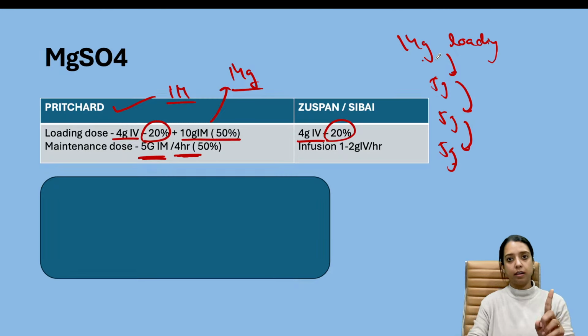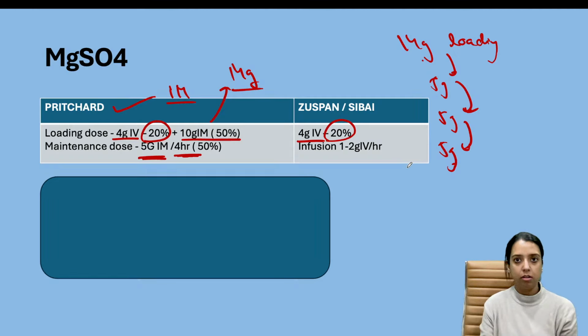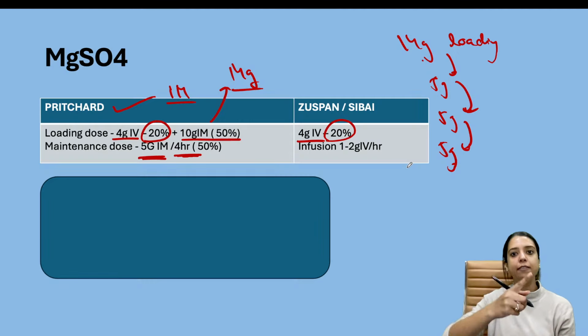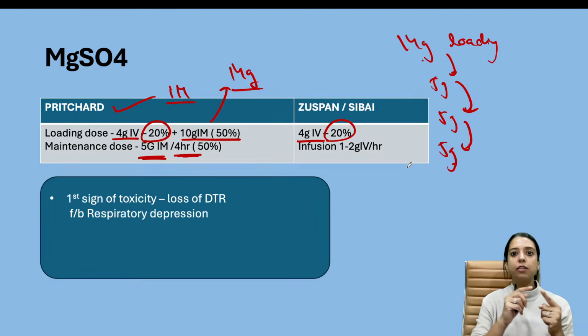Maxilf is a toxic drug. So when I come every 4 hours for the injection, I check for signs of toxicity. Once the signs are negative, then only I give injection. So I come every 4 hours and check the signs for toxicity, which are 3. I check for deep tendon reflex, which is the first sign.